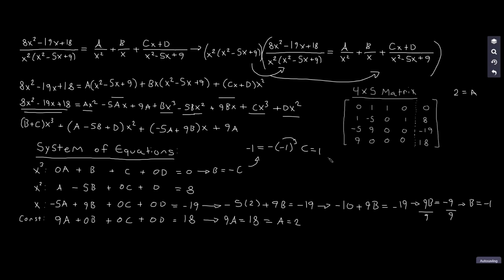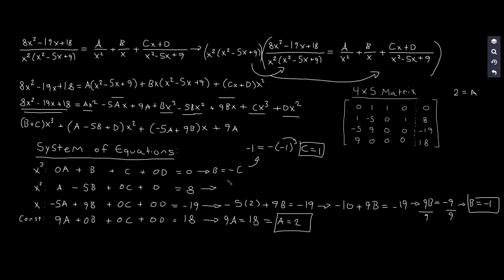I'm pretty sure. Because B equals negative C, and B is negative 1, so that makes C positive 1. Then we can solve for D. So we have B, we have A, we have C. So the last thing to do is to plug in for this last equation.